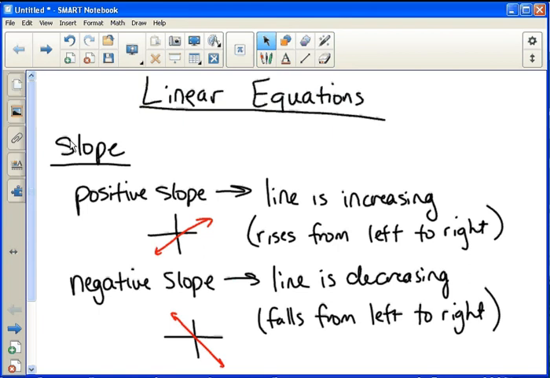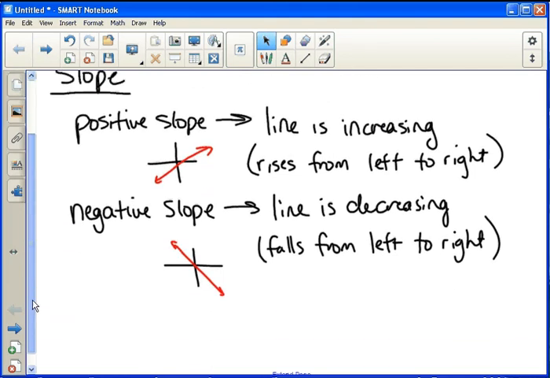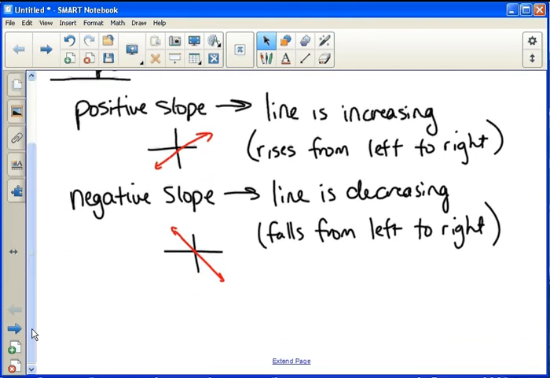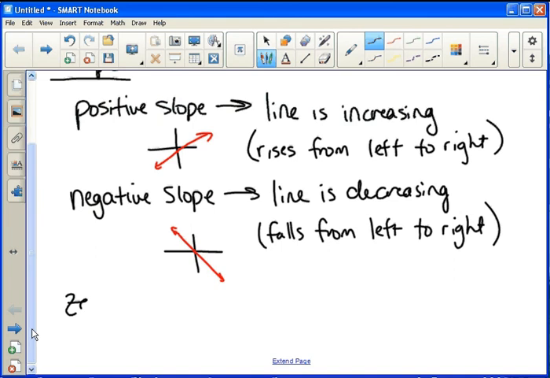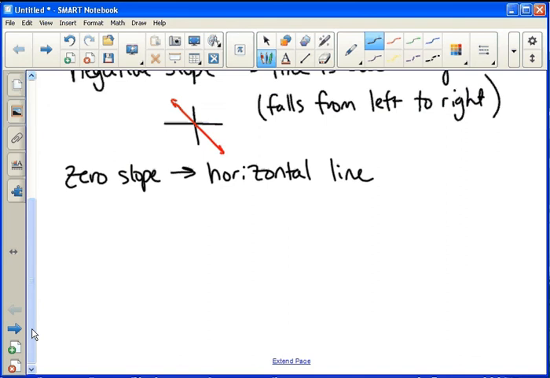There are actually two other types of slope you can have, and that's a zero slope, and that implies you have a horizontal line. And the last one you can have is no slope, or an undefined slope, and that implies that you have a vertical line.